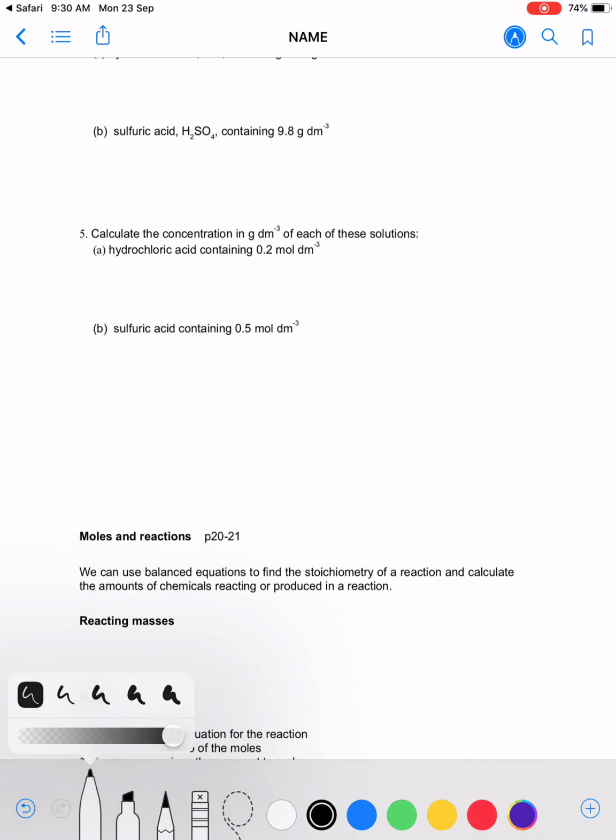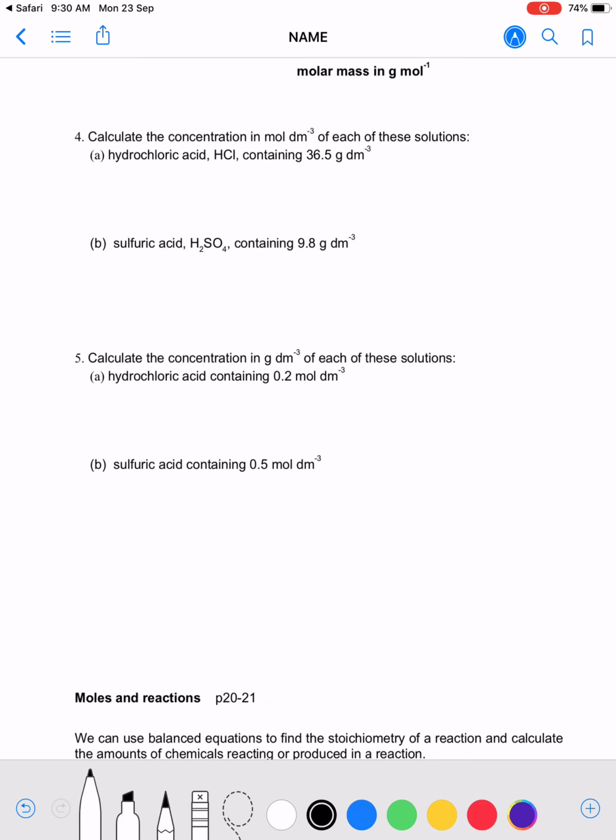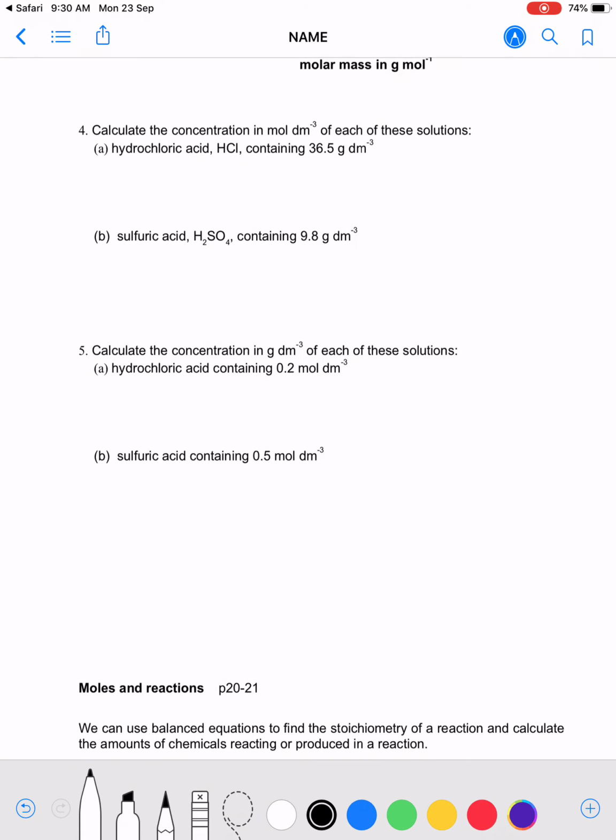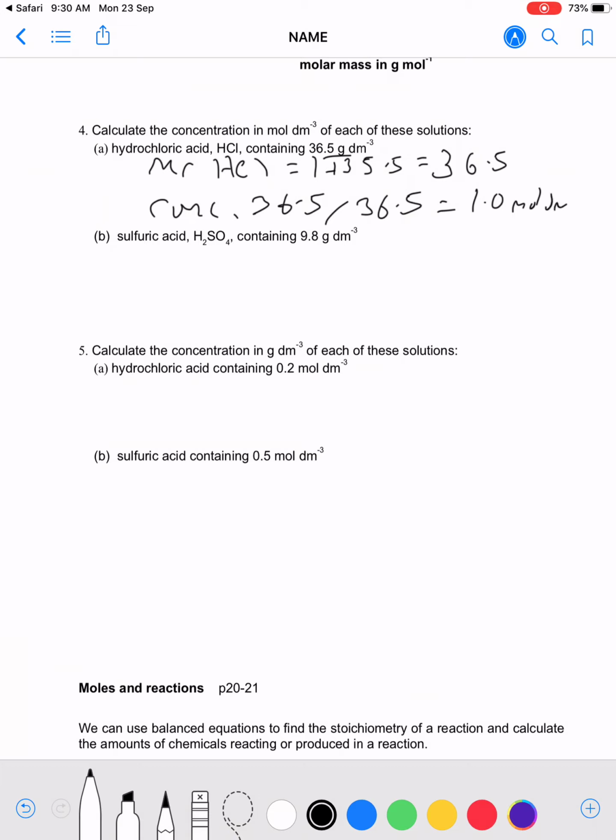Those with a good memory will remember that HCl does indeed have a molecular mass of 36.5, but let's just do that. So MR of HCl is going to be 1 plus 35.5, which equals 36.5. So the concentration is going to be 36.5 divided by 36.5, which equals 1 mole per decimeter cubed.